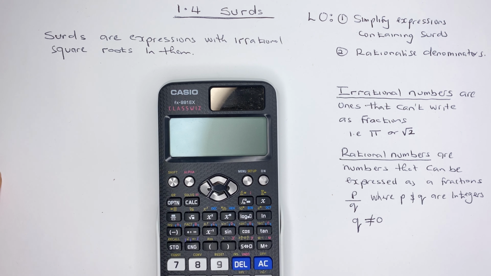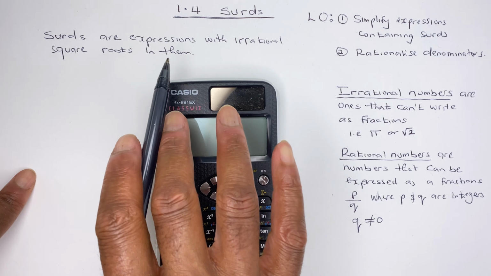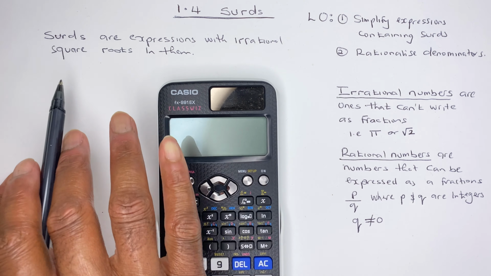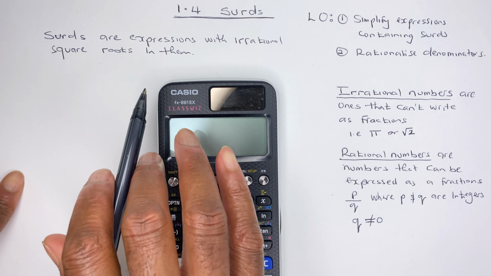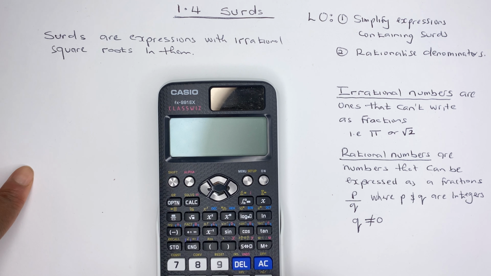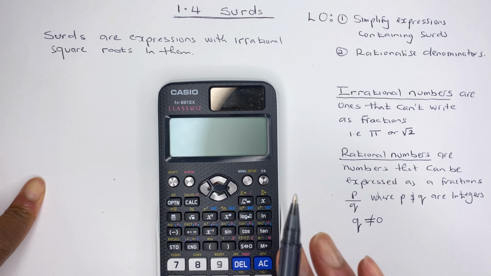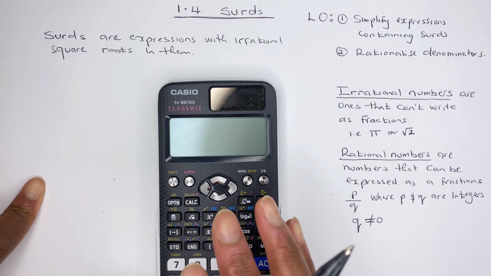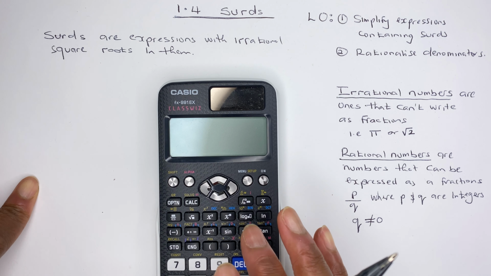The reason why we said a surd is an expression with irrational square roots in them is that the irrational part means you will get a continuous decimal and you cannot get an exact value.